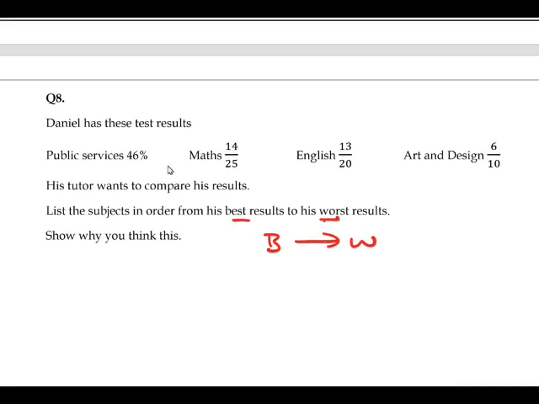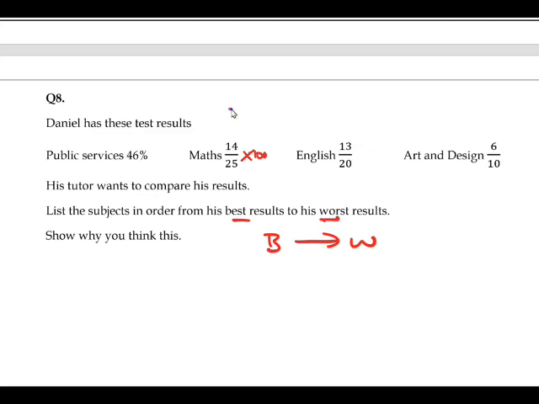So let's just convert all these into the same format. So let's make them all percentages. So to turn a fraction into a percentage, put the fraction into your calculator and multiply it by 100. So 14 over 25, and then move the rocker to the right times 100 and press equals.